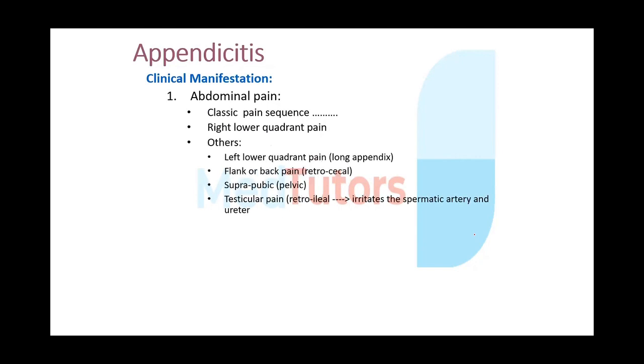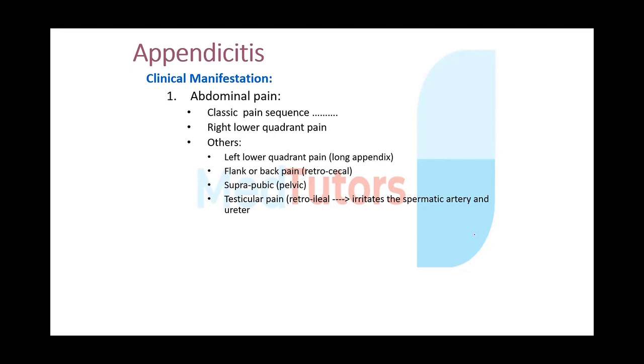Now, abdominal pain, these are the clinical manifestations of acute appendicitis. They have abdominal pain, okay? And we describe the pain as a migratory right iliac pain. The classical sequence, it starts from the periumbilical area and migrates to the right iliac fossa.